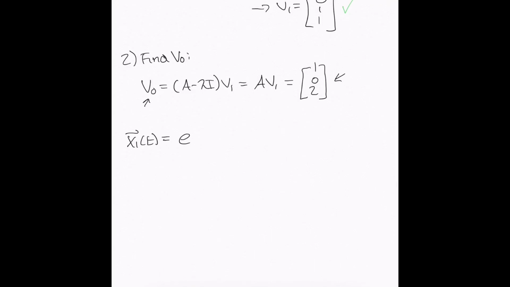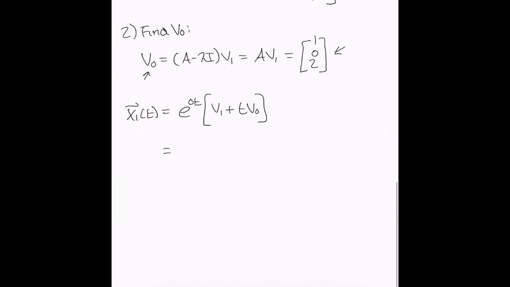So we have x1 of t is e to the 0t times v1 plus t v0. And if we plug everything in, I'm going to keep it e to the 0t because I don't want you to forget that it's there. We get 0, 1, 1 plus t times 1, 0, 2.